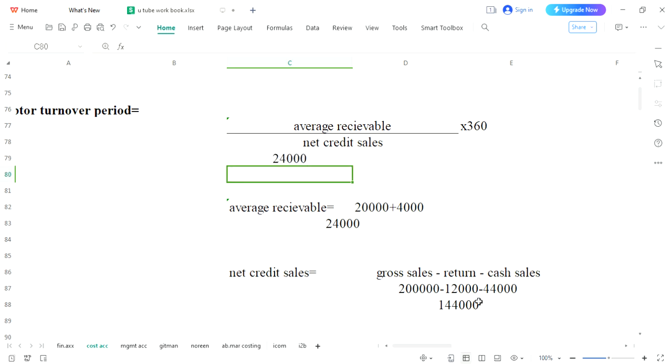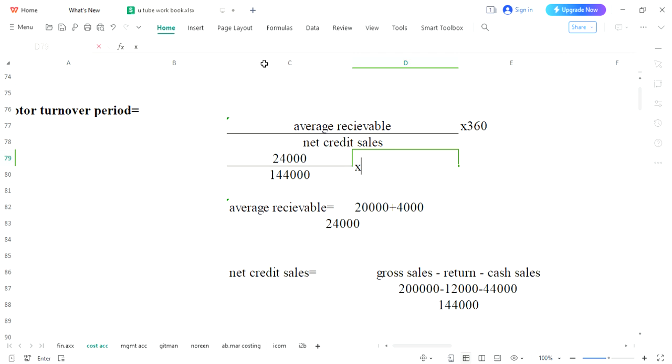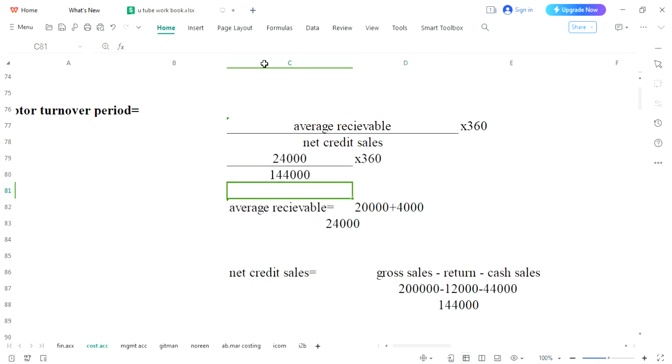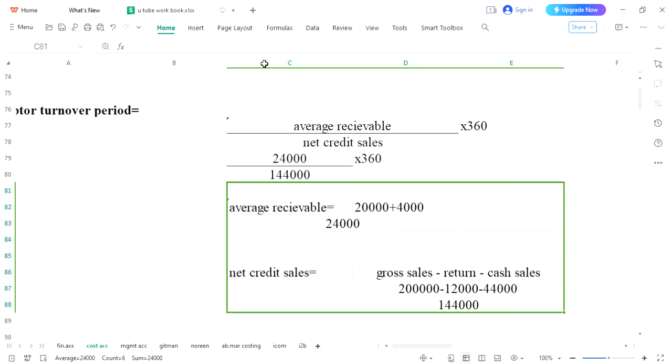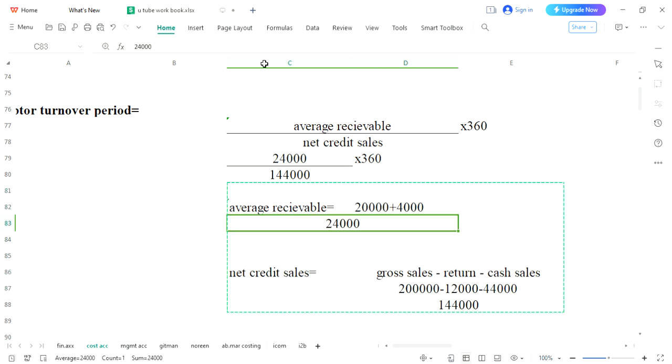Then we have our net credit sales 144,000. Let's put our divisor over here first, and then we need to assemble them. Alright, then you need to multiply it with 360. So guys, in this way our formula has been completed.